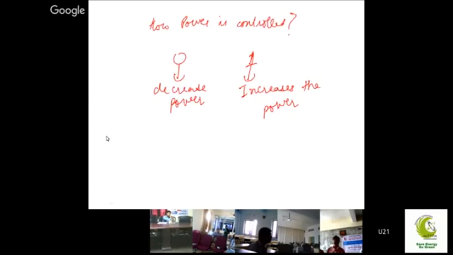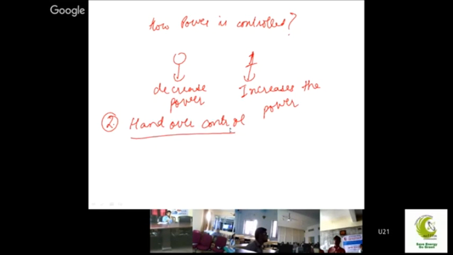Next is the next type of user specific function in radio resource management. It is handover control. Handover is a very important feature in every network, whether 2G, 3G or 4G, because without handover our network is of no use.